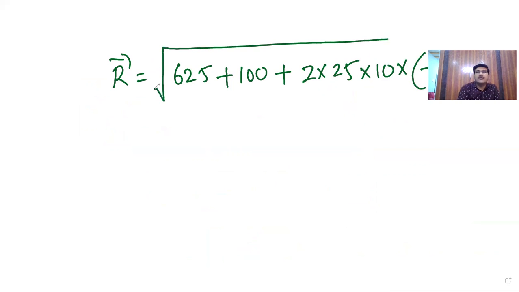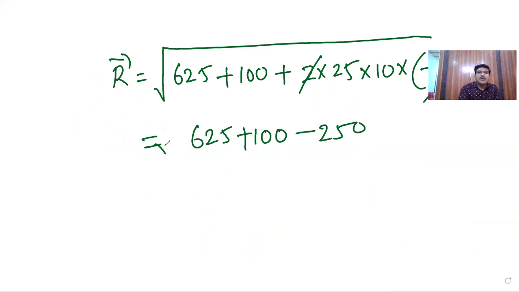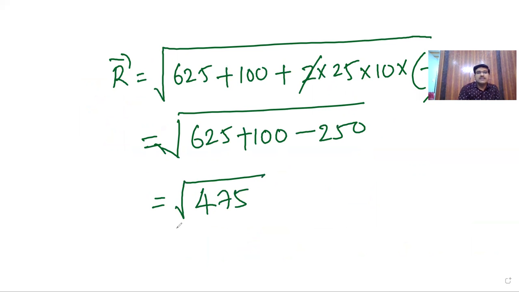Cos 120 is minus half. So 2 gets cancelled. This becomes 625 plus 100 minus 250 under square root. That becomes 475, the magnitude R.